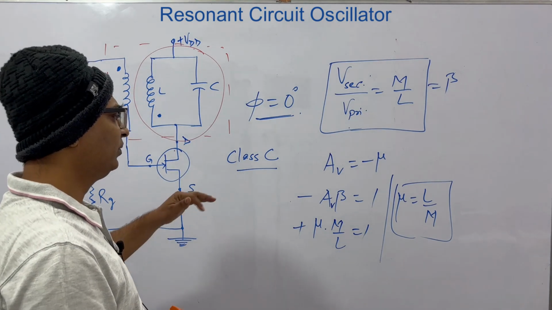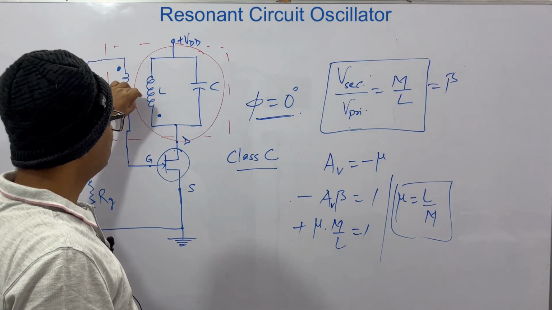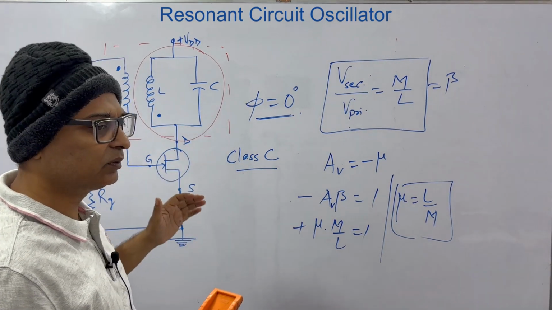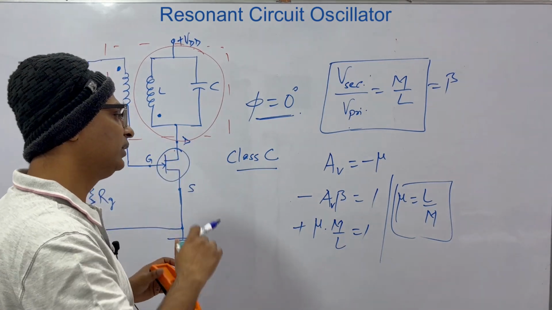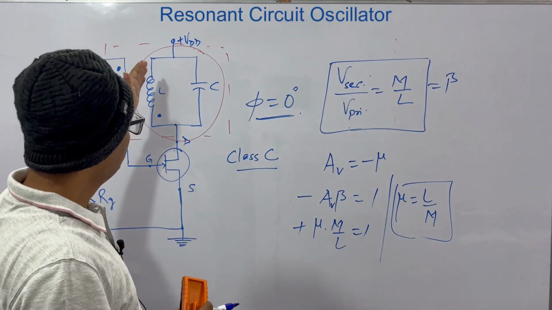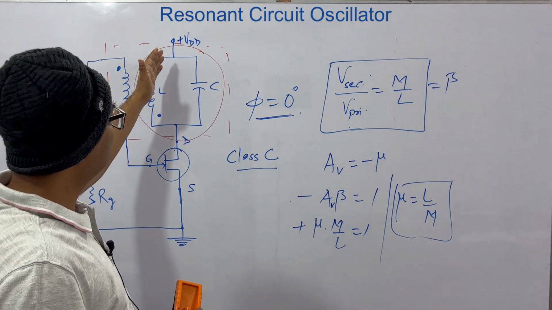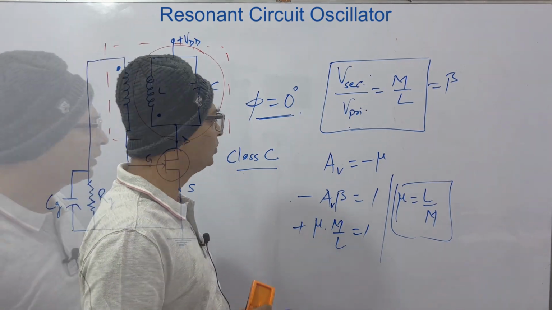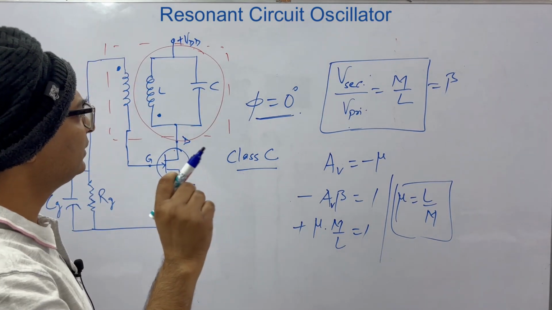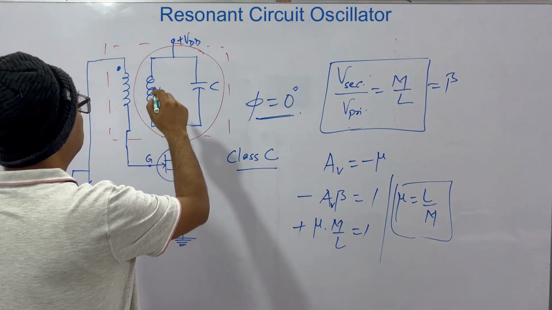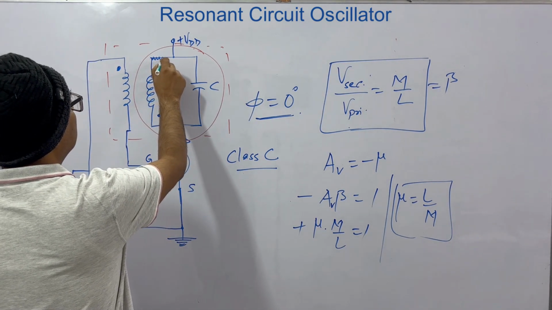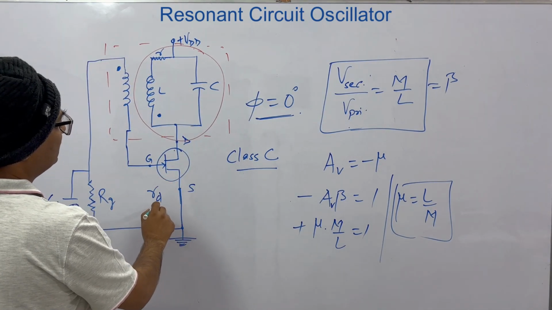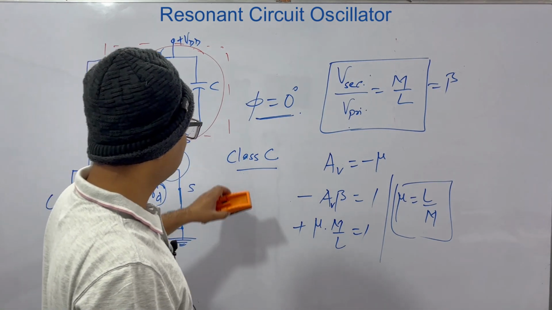One thing we are considering is that the resistance in this coil is very low, because practically zero resistance is not possible. A very small resistance creates a decaying wave response, but in theory we consider this resistance to be very low. But if the resistance is not zero, let's say it appears like this. This is R, and let's say the drain resistance of the field effect transistor is RD.